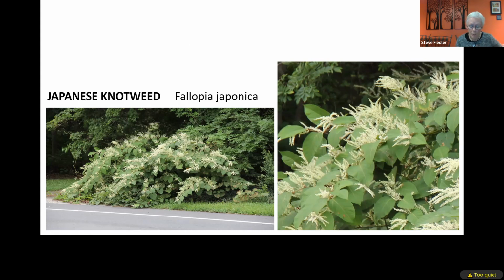And it can grow up to 10 feet in a year from very aggressive underground rootstock. And you can see it has these pretty flowers towards the late summer and fall, but it's very aggressive, spreads very rapidly, and it's kind of like bamboo in its structure, and it's a challenging one to get rid of.